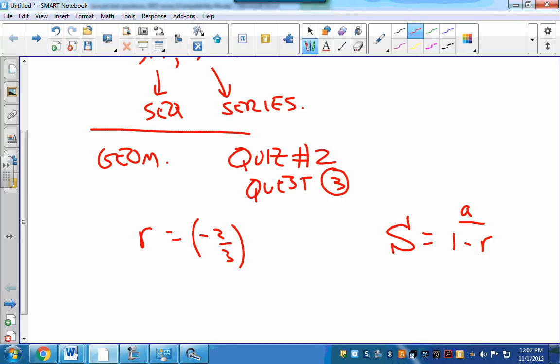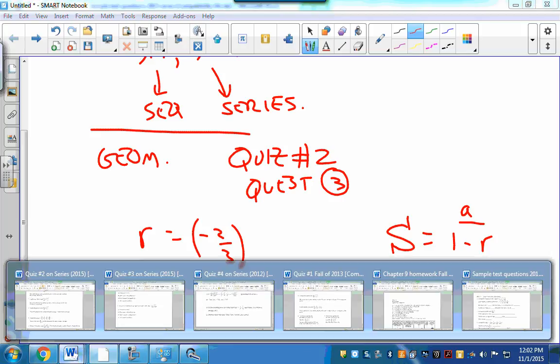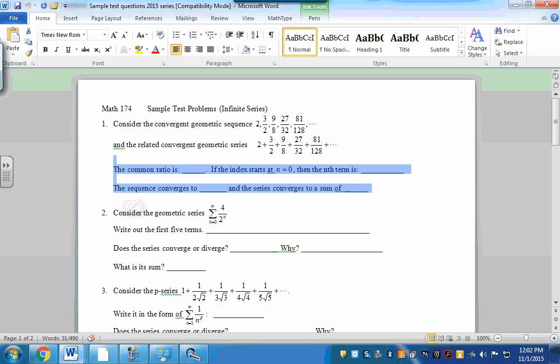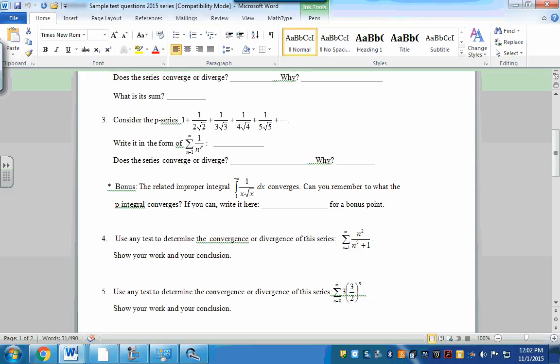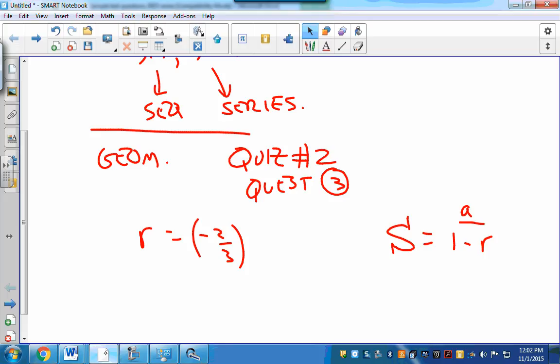Okay. P series was the next one on your sample test. This was a nice little P series. I think it was similar to a quiz question. You might want to look at the homework. Both.